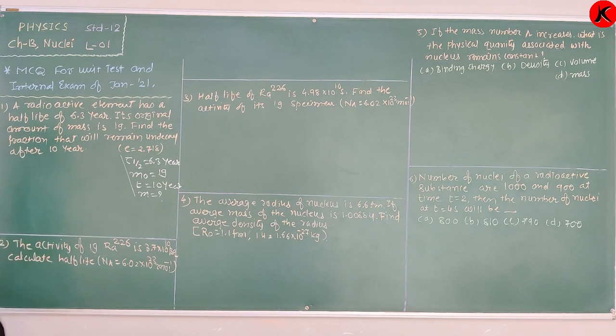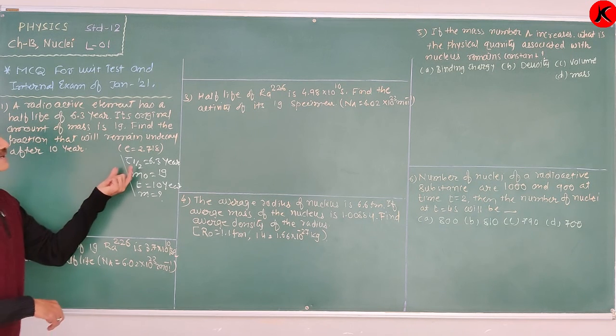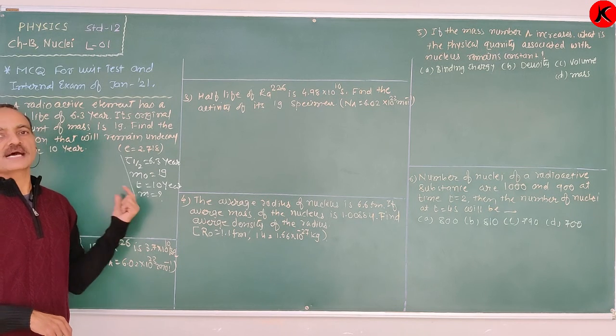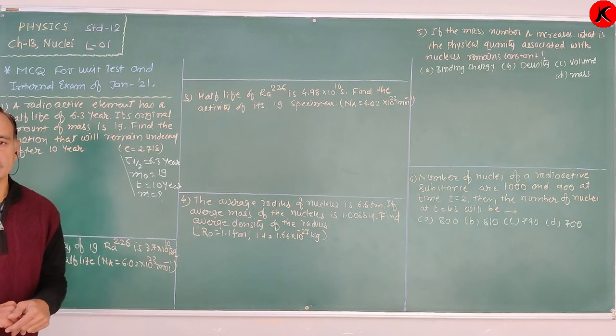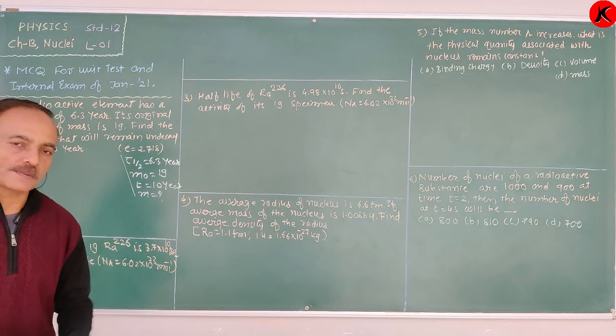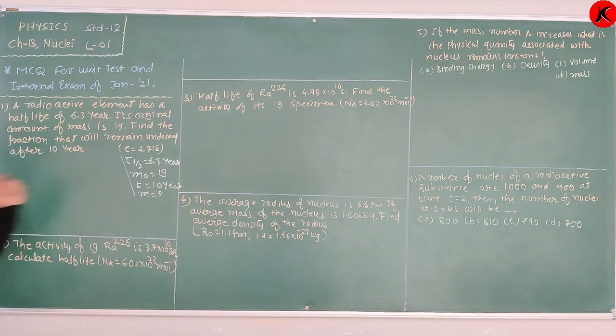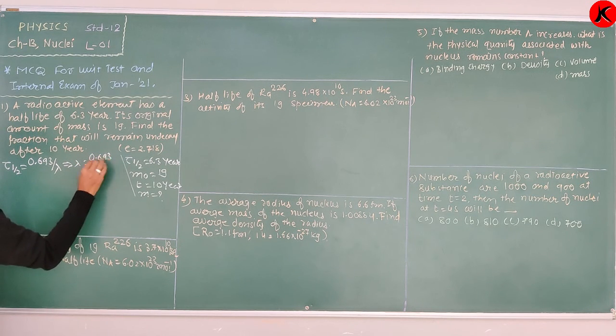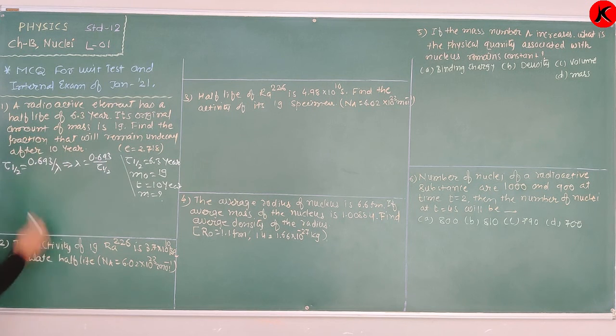First we find out lambda, because from the equation m is equal to m0 e to the power minus lambda t, or I is equal to I0 e to the power minus lambda t, we require the value of lambda. For that purpose we first find lambda. We know that tau half is equal to 0.693 upon lambda. Therefore lambda is equal to 0.693 upon tau half.